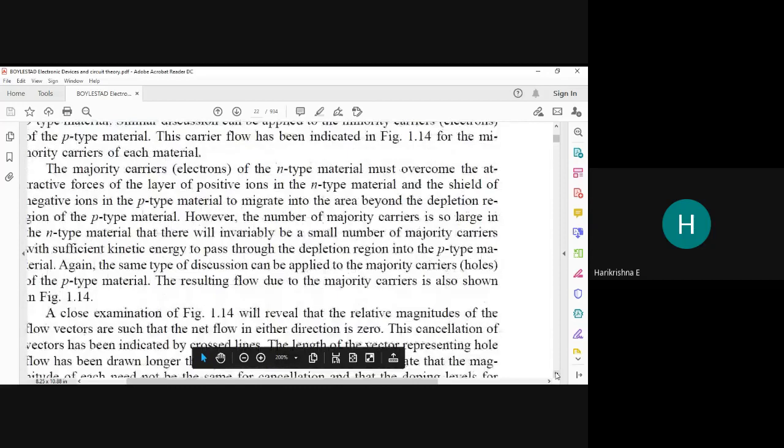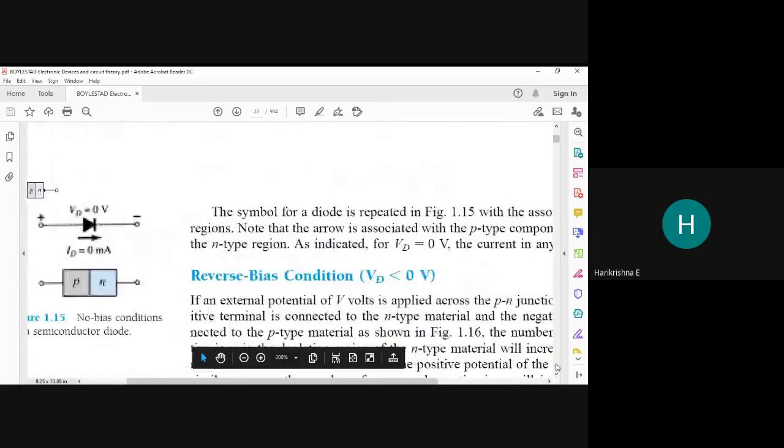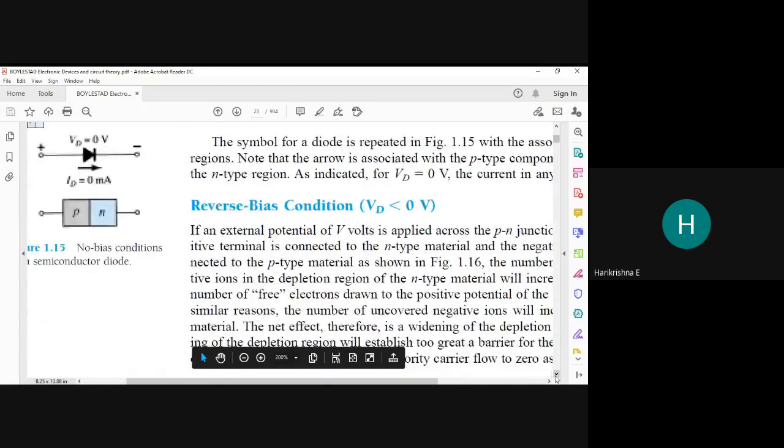Next one, reverse bias condition. Reverse bias condition, that is, the p-type semiconductor is connected to the negative terminal of the battery, and the n-type terminal is connected to the positive terminal of the battery. Now what happens to the functioning of the device?